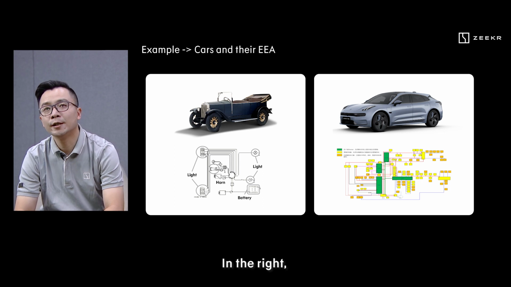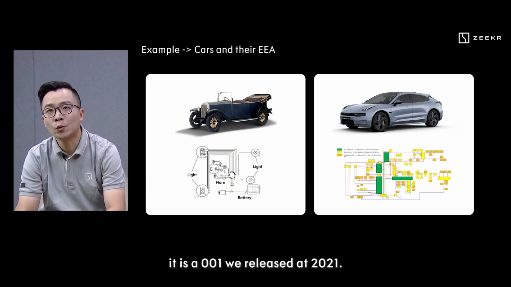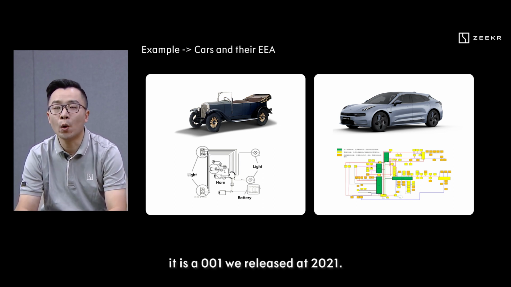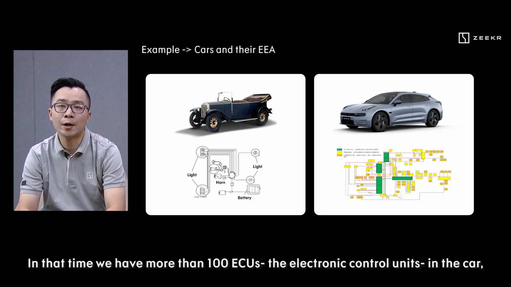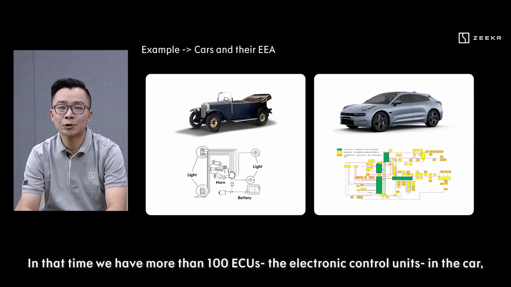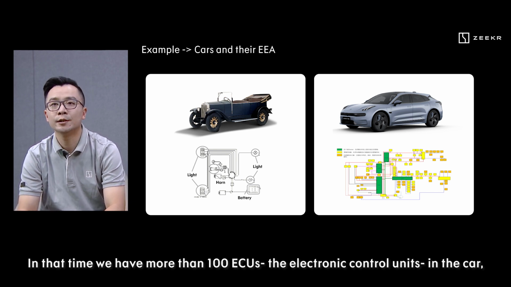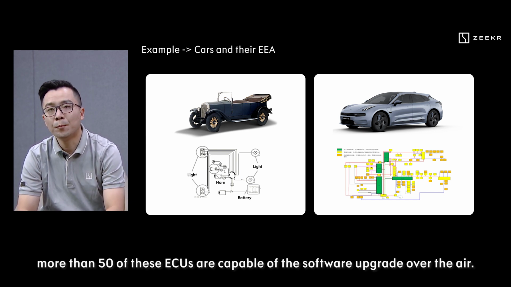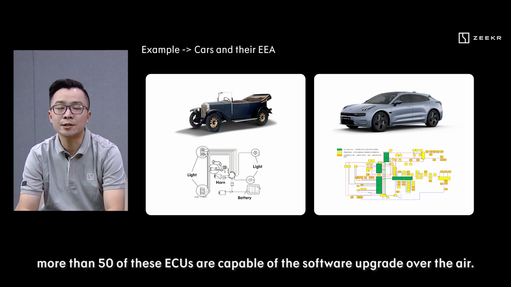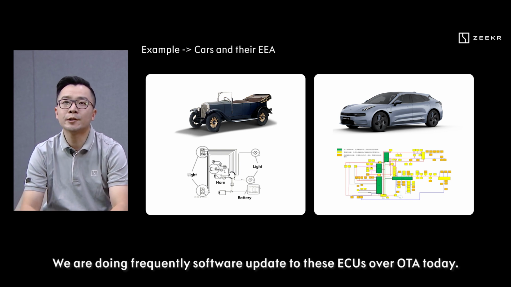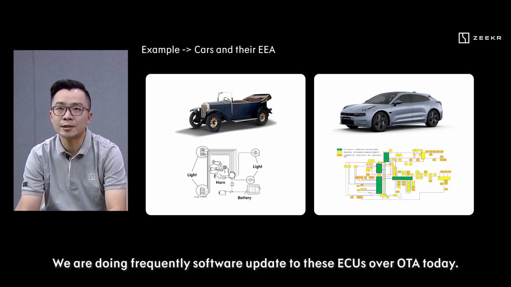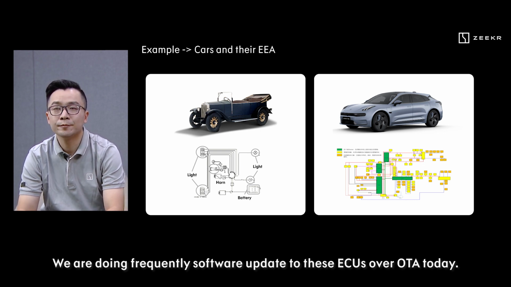On the right, it is the 001 we released in 2021. At that time, we had more than 100 ECUs, the electronic control units, in the car. More than 50 of these ECUs are capable of software upgrade over the air. We are doing frequent software updates to these ECUs over OTA today.